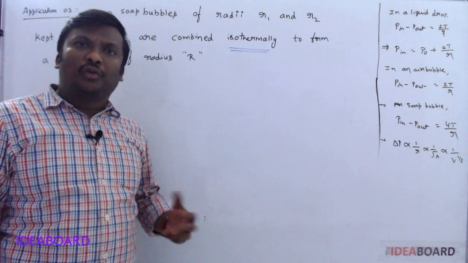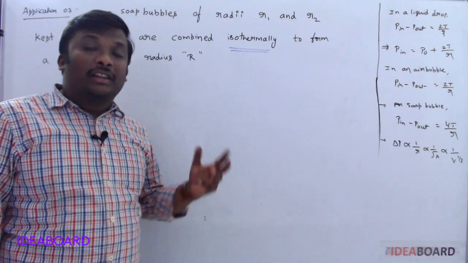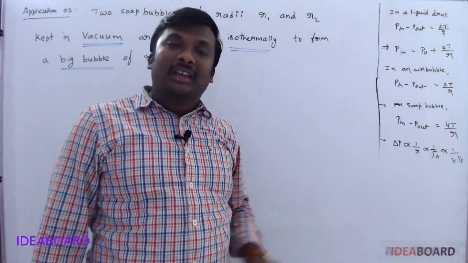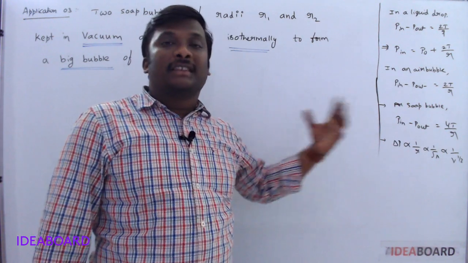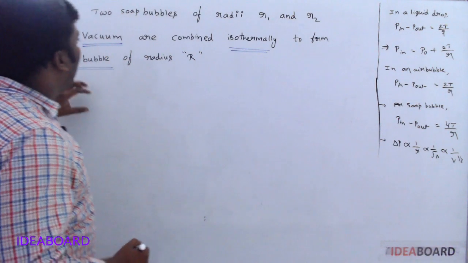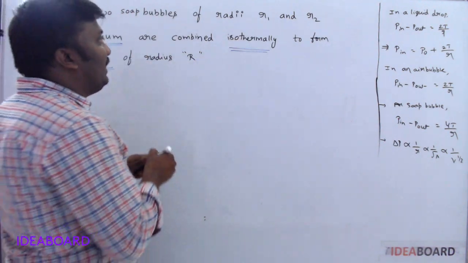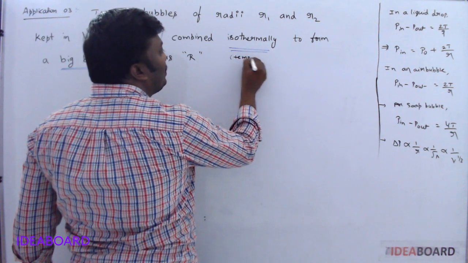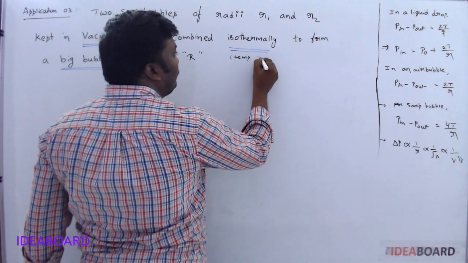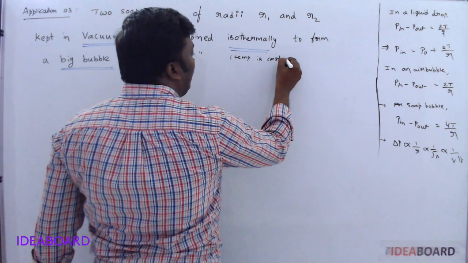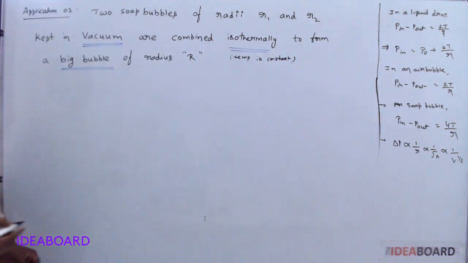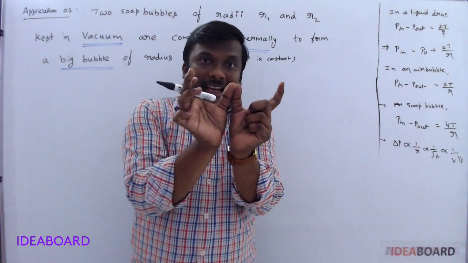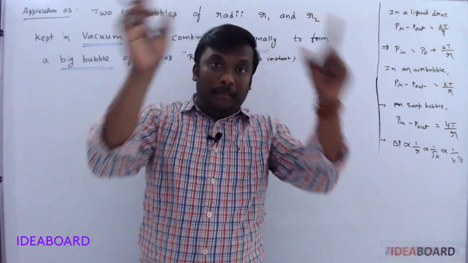In vacuum there is no atmospheric pressure P0. Generally the formula is 4T by R. They combine isothermally, meaning the temperature remains constant, and they form a big bubble. Previously they were just in contact, but now they form a bigger bubble.